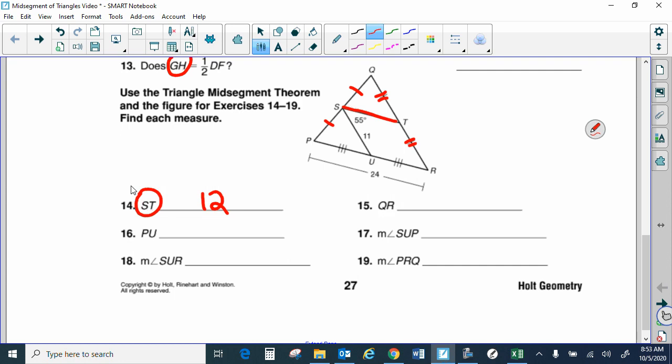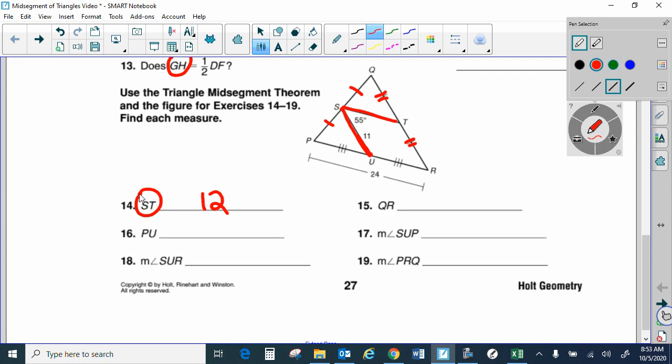PU. Notice PU, U is a midpoint of PR, and S is a midpoint of PQ. So this also is a midsegment, and this is half of its base. The base of this one would be segment QR.